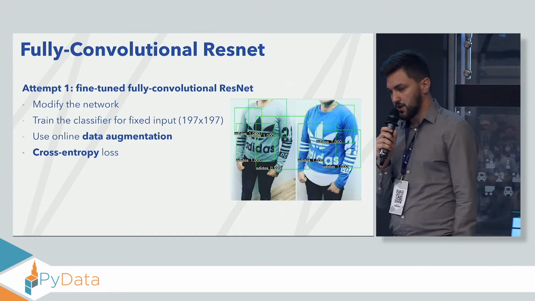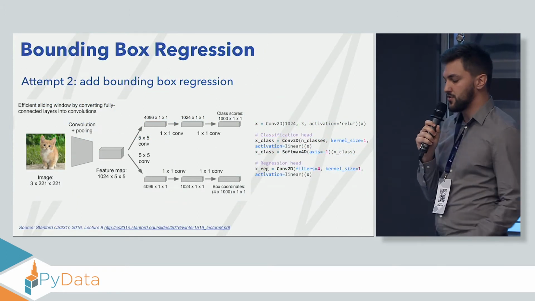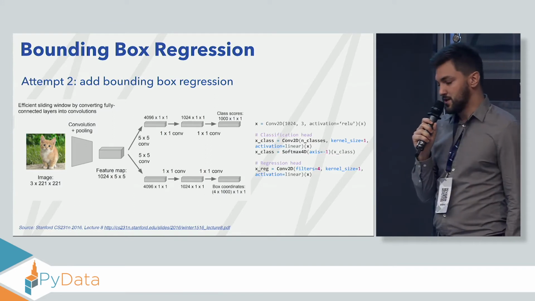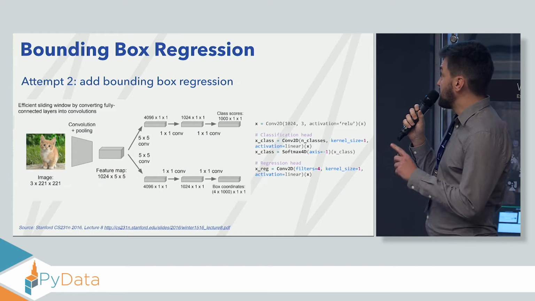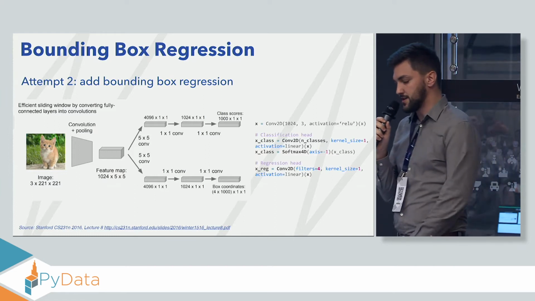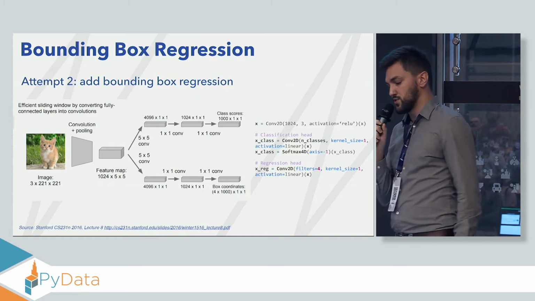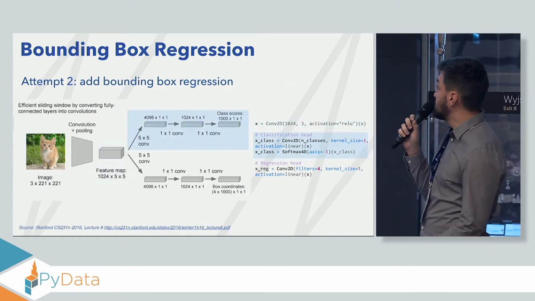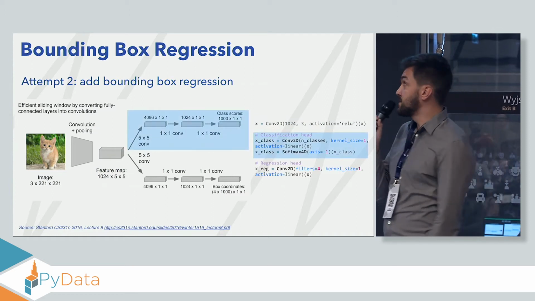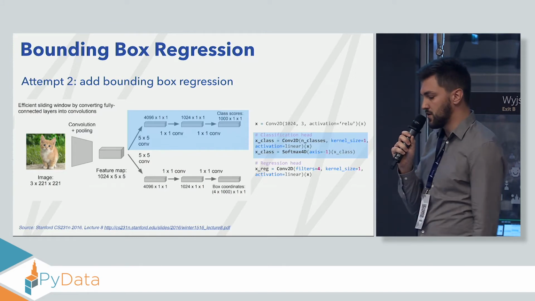So our solution for that is introducing bounding box regression. And the way this is done is, the part on the left is a common part of the convolutional neural network that produces some feature maps. On the top, we have this classification head, which was also something that was done before.